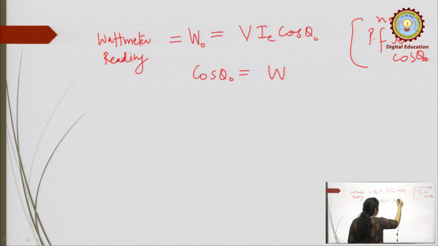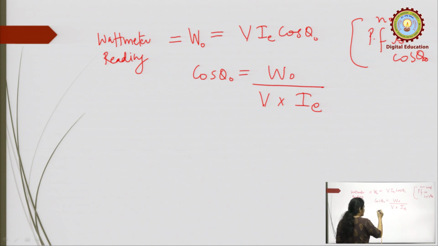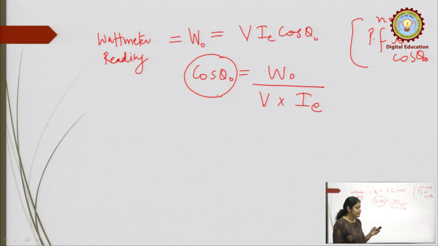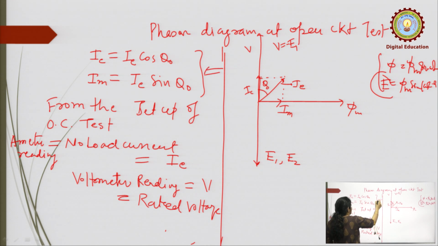Because you know the wattmeter reading from the setup, the rated voltage and the no load current, from that you will get cos theta 0. Now, once you find cos theta 0 from the setup, you get Ic is equal to I0 cos theta 0 and Im is equal to I0 sin theta 0.